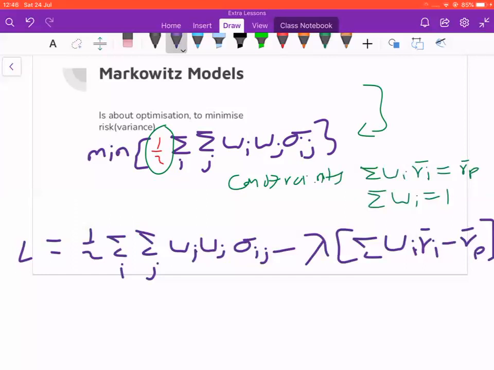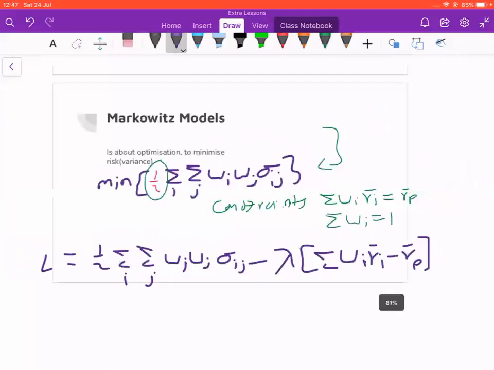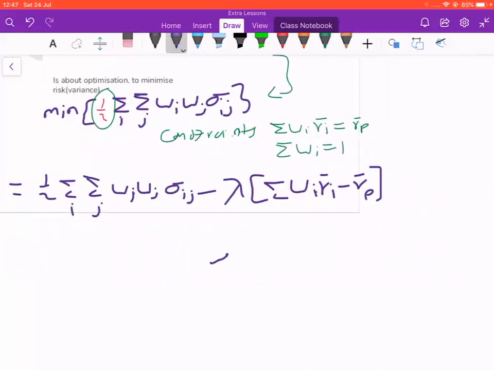So they will tell you what the desired portfolio returns are.